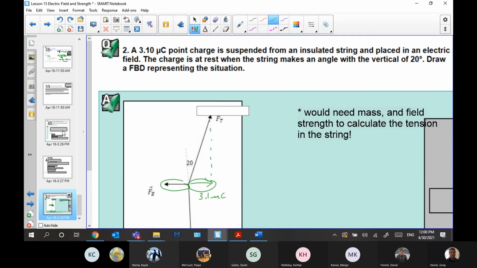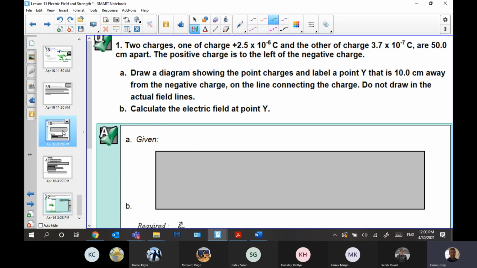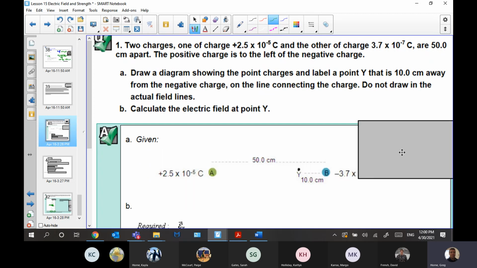But so this one here, if you have 2 charges, and they're saying that these 2 charges, and they have the positive left of the negative charge, and so when you draw the diagram, you just draw it as they said, right? So you've got a positive charge and you've got a negative charge.